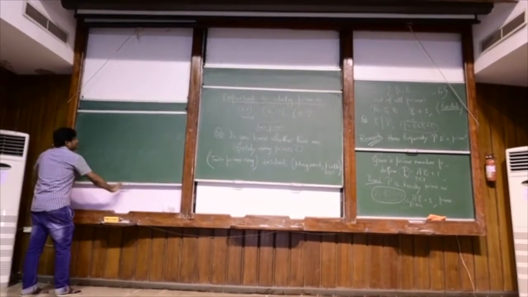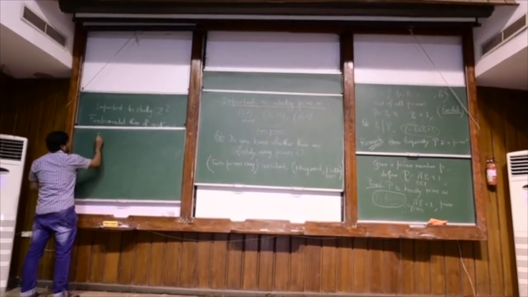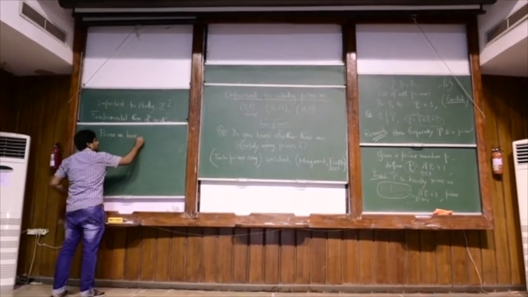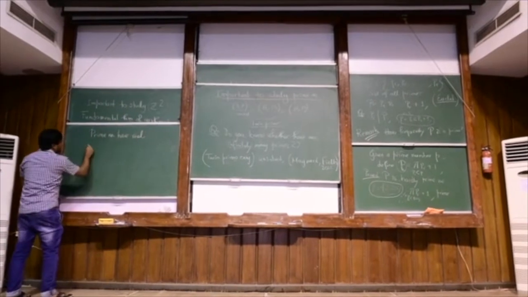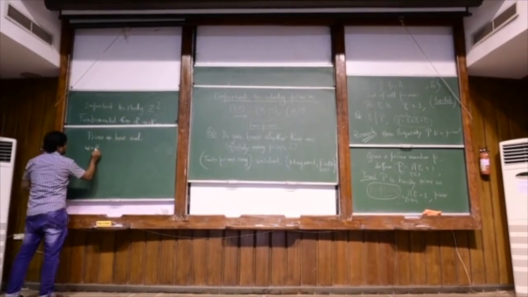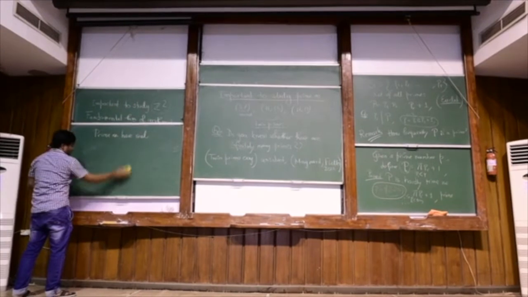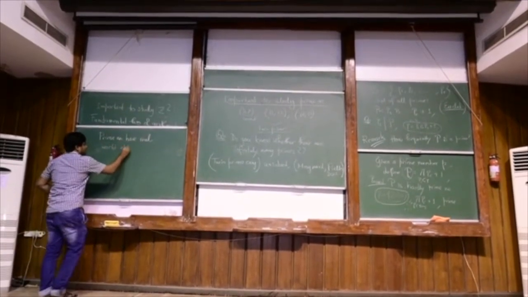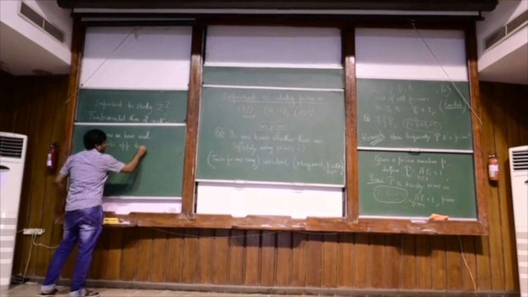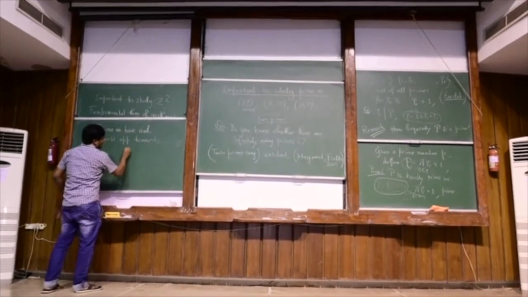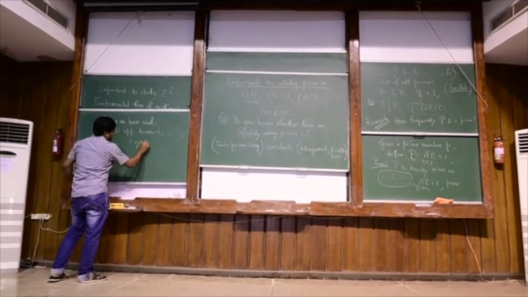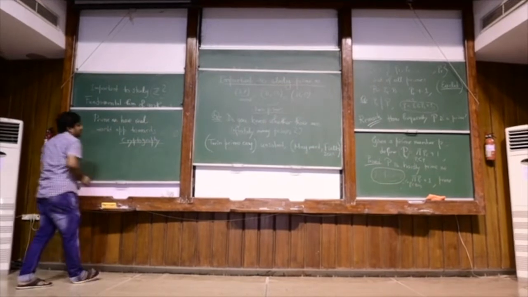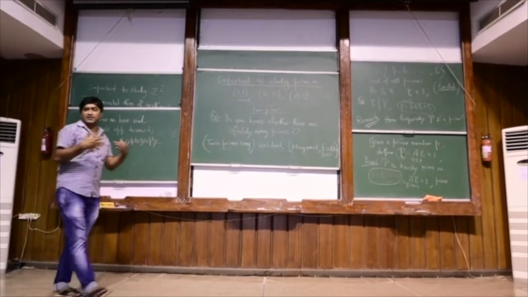Prime numbers have real world application towards a branch called cryptography. I don't know whether you have heard this term or not. It is a kind of security system.